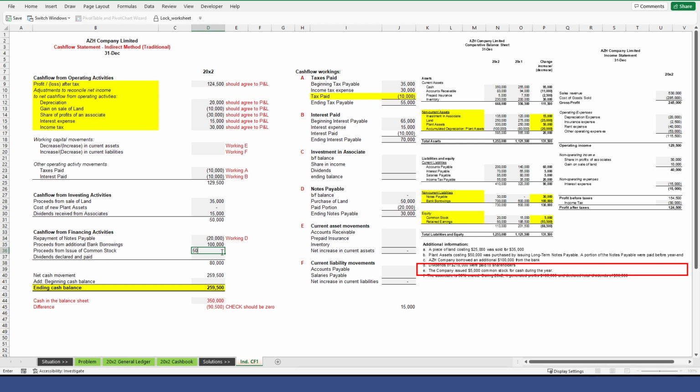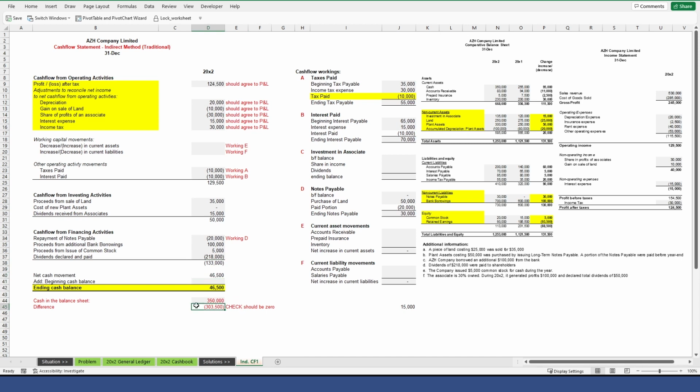So we're going to input here a positive amount of 5,000. Dividends declared and paid: how much cash did we actually pay the shareholders? It is in the additional information amounting to 218,000. Remember that it's going to be a negative because we made an actual payment to the shareholders, meaning cash was spent.